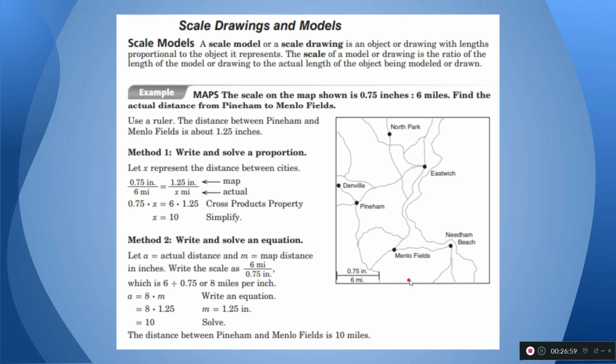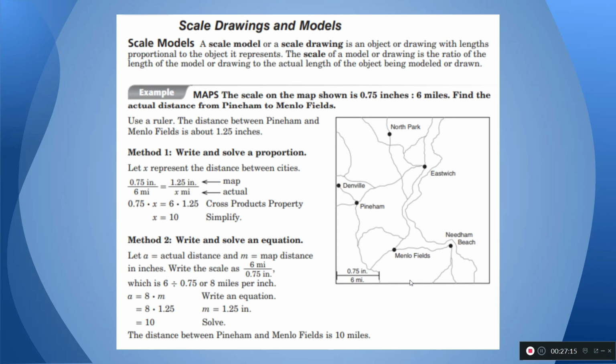The next section that we're dealing with is actually the most pragmatic part of what we're doing with all of this scaling. It's not just figuring out different sizes, but one of the things that we use that for is the ability to make maps.